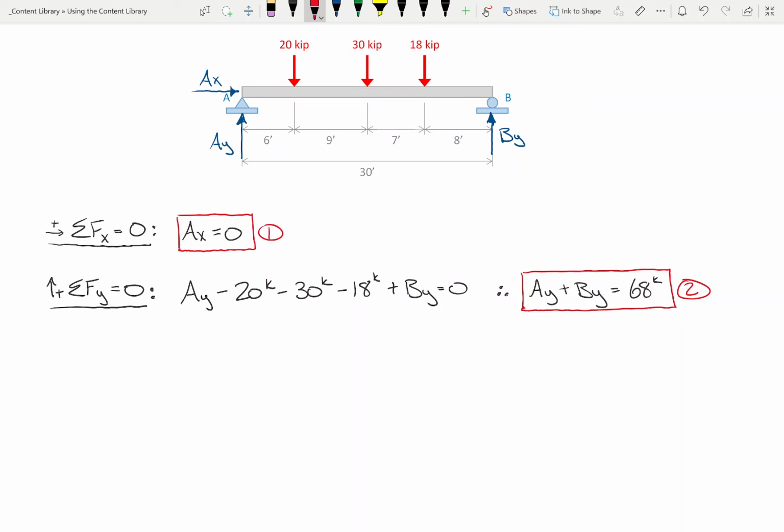Now let's talk about the summation of moments. If you have a system and you have a bunch of forces all over the place, you pick a point and you say, I'm going to take moments about this point. For each force, it's that force times the r vector, or more specifically, maybe the magnitude of the force times the moment arm.